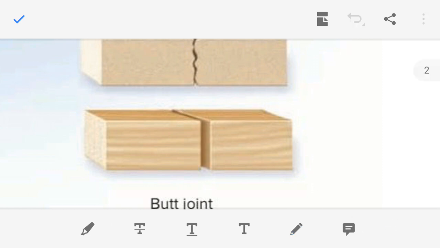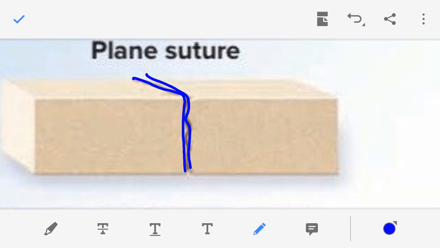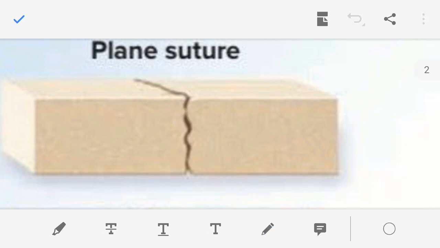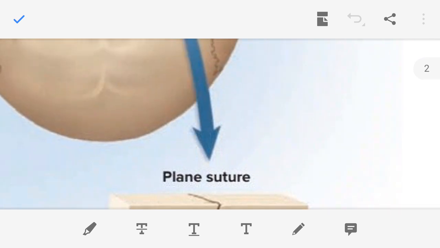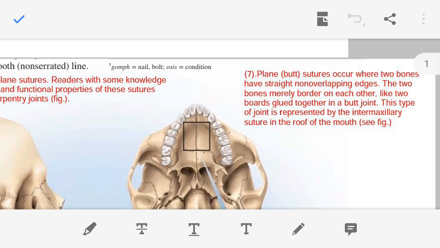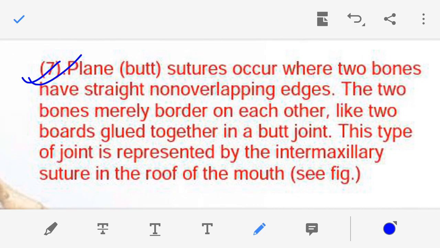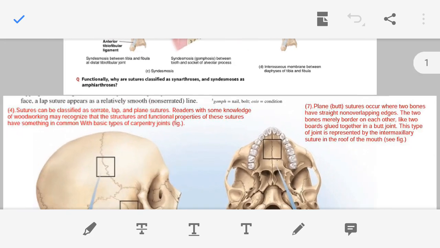That's it. Over here, this is one bone, this one is the other bone, and both the edges are touching each other. So this is happening in a plain suture. So the intermaxillary suture is the example of a plain suture or butt suture.